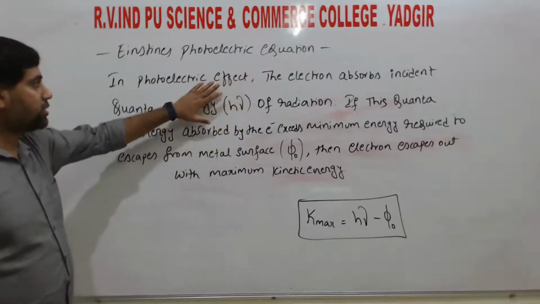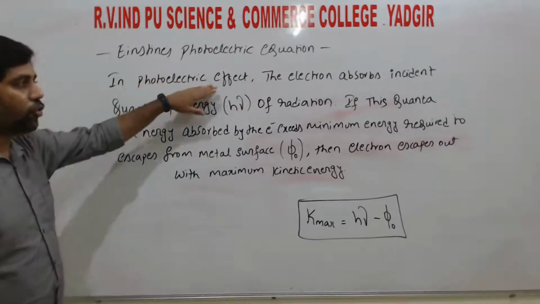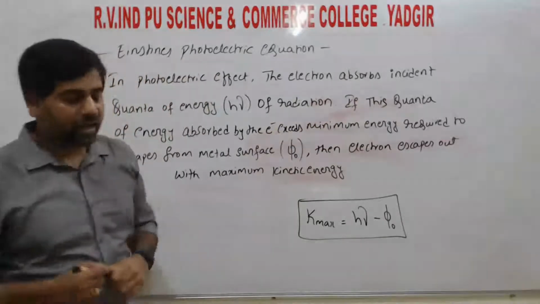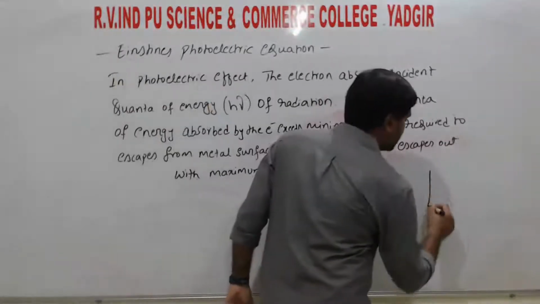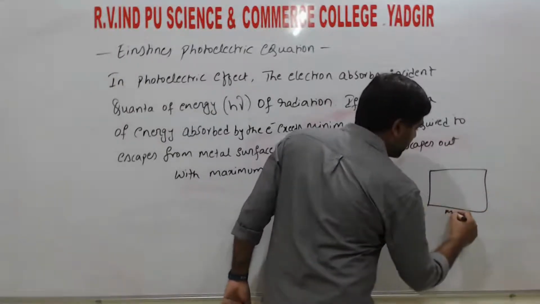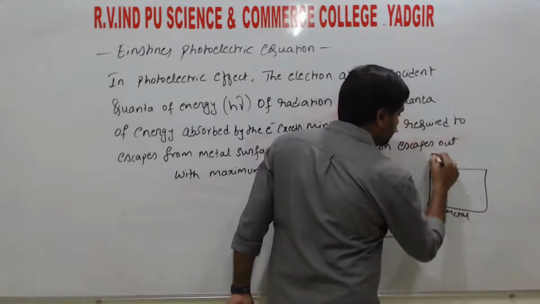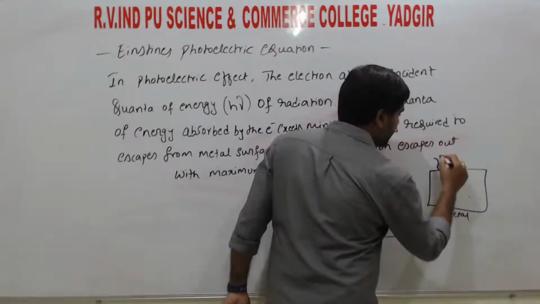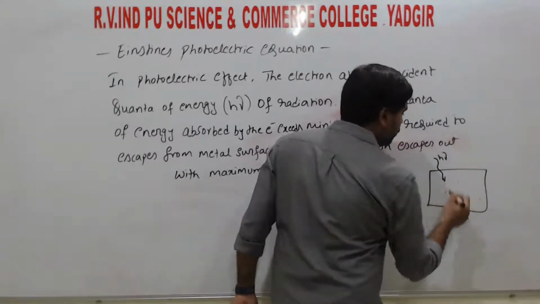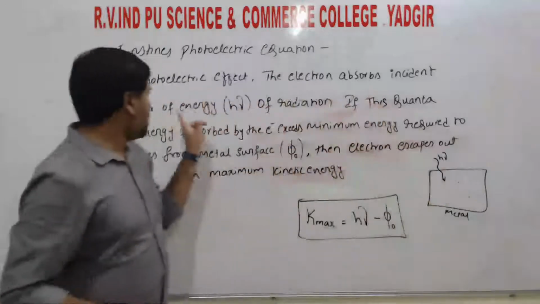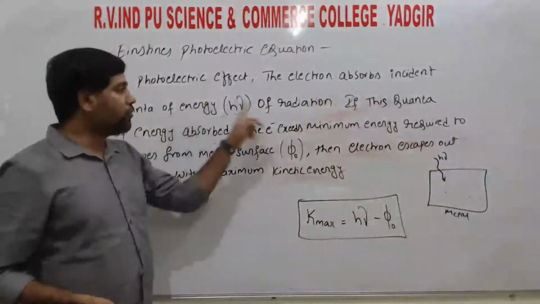So according to Einstein's photoelectric effect, the electron absorbs the incident radiation. If we consider here, this is the metal plate, and here we have the electrons, then here is the incident radiation h nu. This electron absorbs the quanta of radiation.